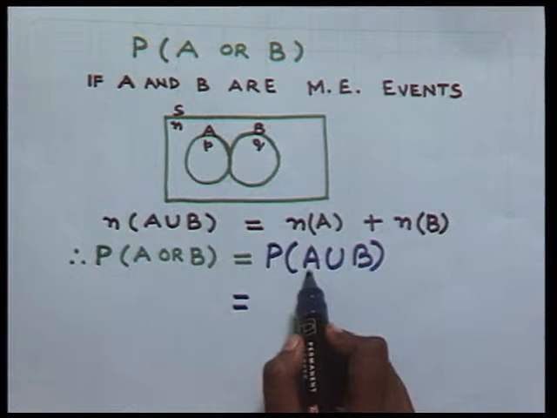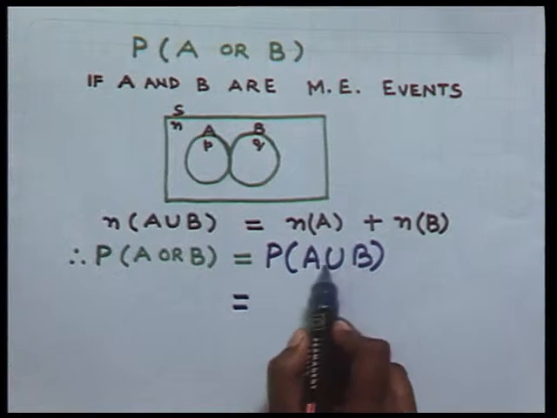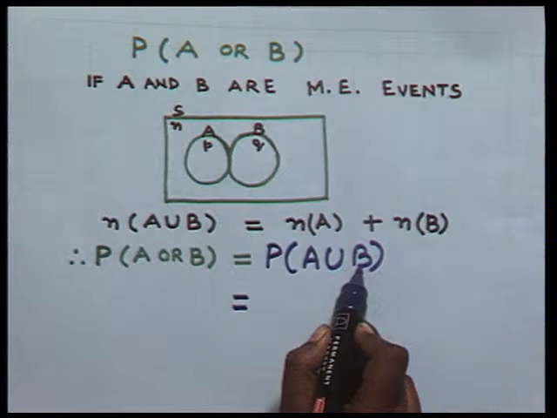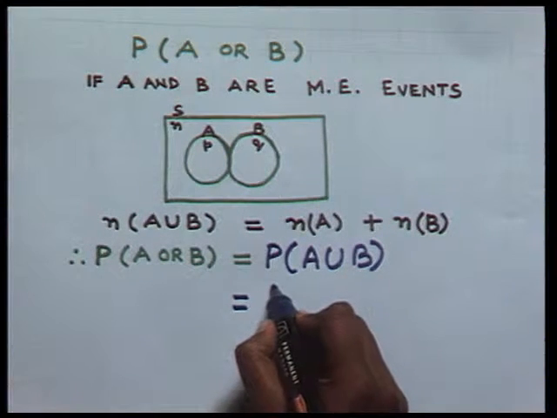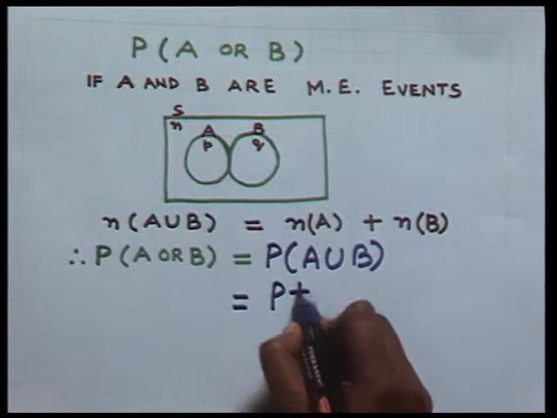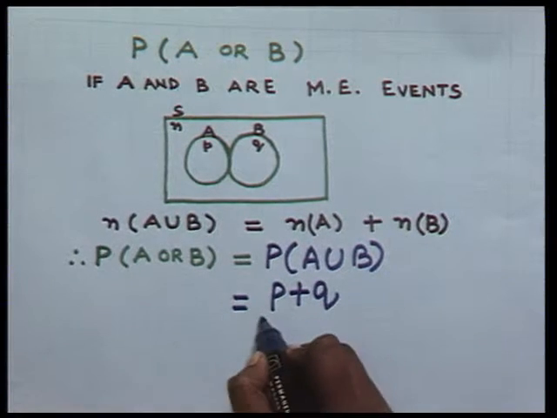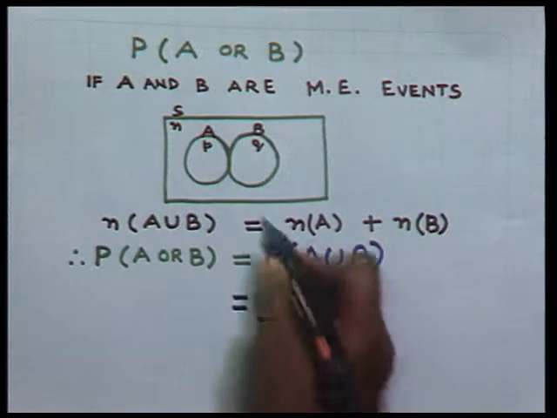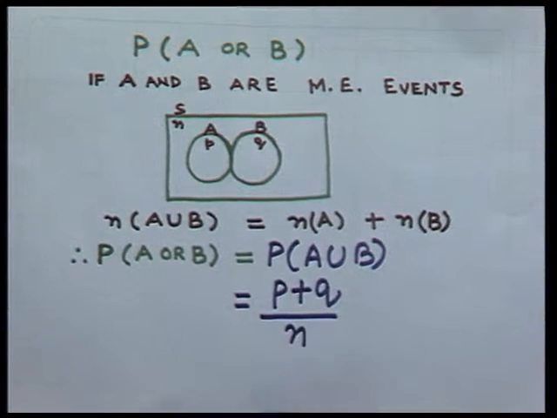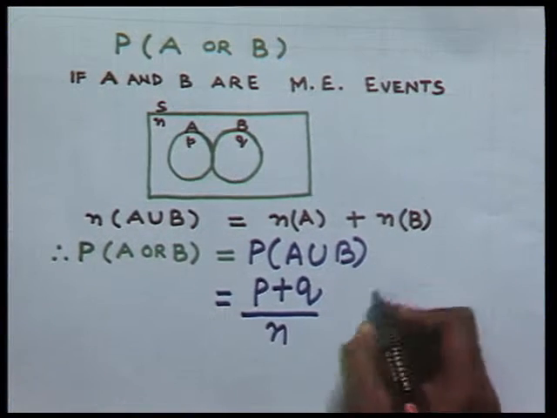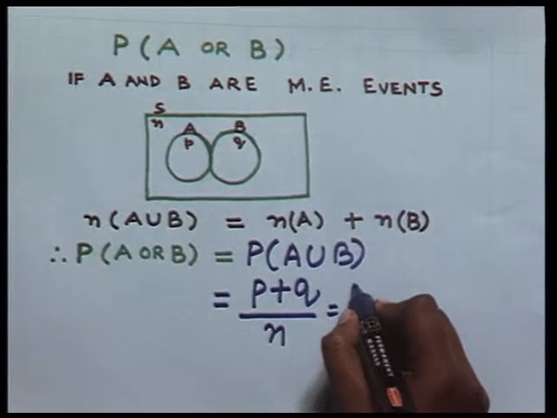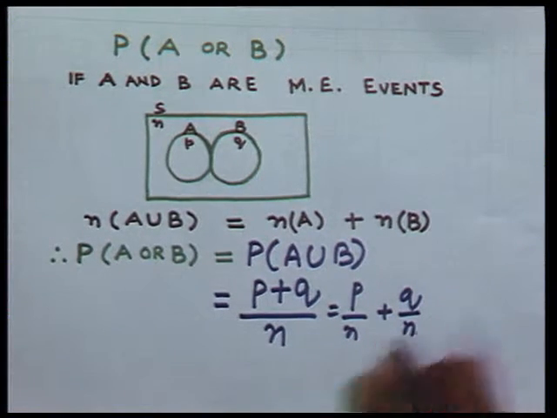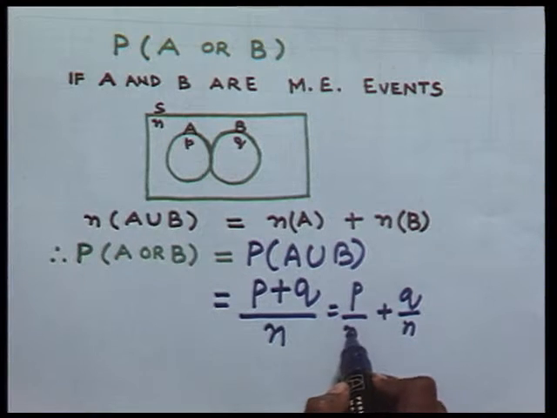Therefore, the probability of the event A or B, where A and B are mutually exclusive events, is the same as the probability of the event A union B. This is equal to the number of favorable outcomes for this set A union B. Now, set A union B has P plus Q elements upon the total number of equally likely outcomes in the sample space, which is equal to N. This is equal to P upon N plus Q upon N. What is P upon N?